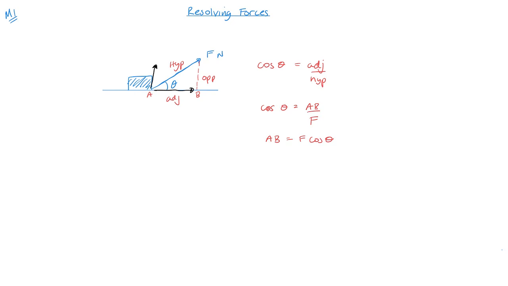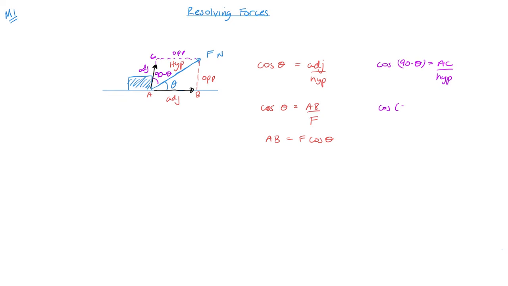Now, if I look at this vertical one, this is 90 minus theta, isn't it? This is the opposite, the adjacent, and the hypotenuse is the same. So this time I'd have cos of 90 minus theta is the adjacent, let's call that AC, over the hypotenuse.